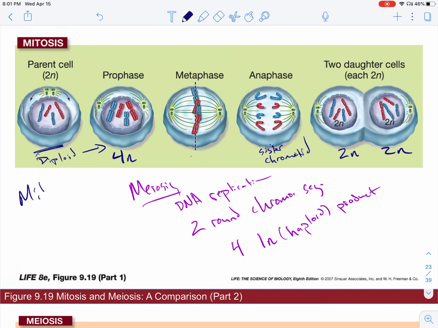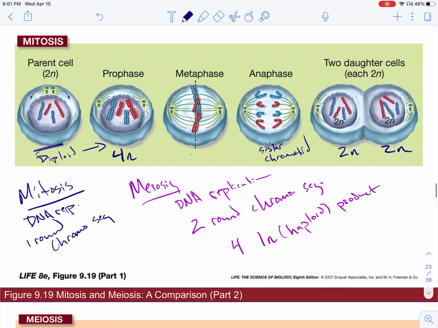And so in mitosis, there is a round of DNA replication. There is one round of chromosome segregation. And the result is two diploid products that are genetically identical to the parent.